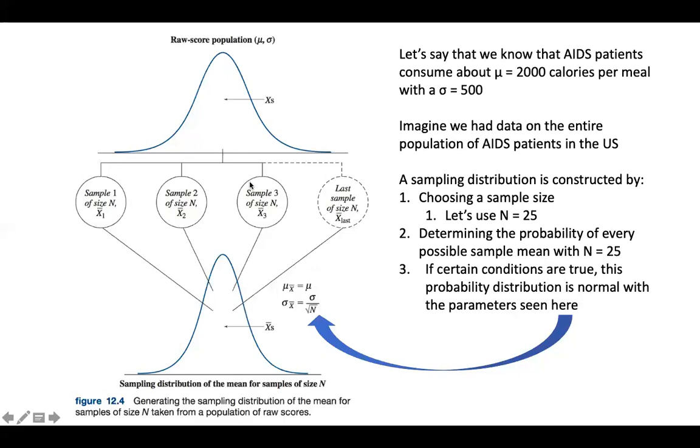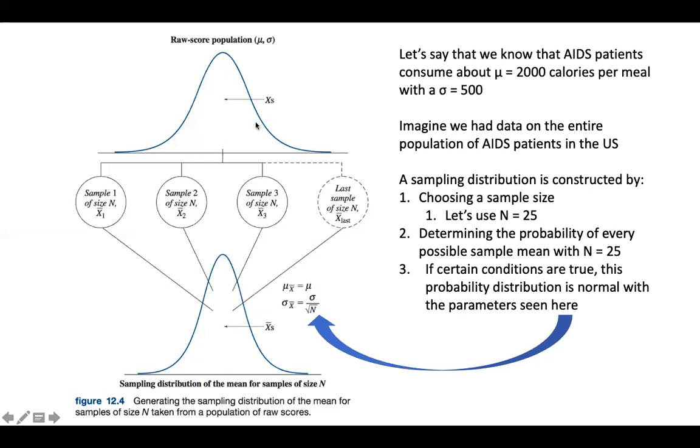If certain conditions are true, which are going to be true, then we can expect that across all of these sample means, the average mean calories consumed should be equal to the average calories consumed, right?